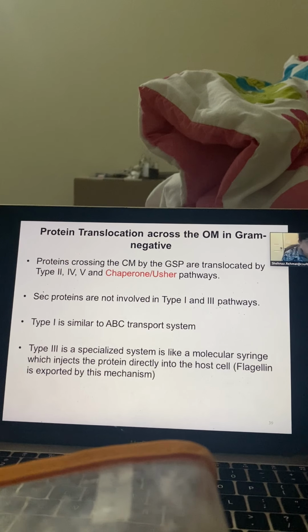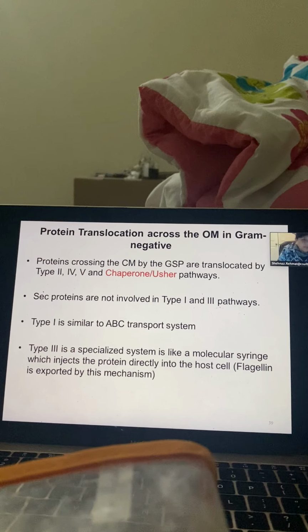So they will use type 2, 4, and 5, and also another pathway which will be called the chaperone-usher pathway. Sec proteins are not involved in type 1 and 3. So again, the delineation of which one matches with what. And as we go, we will give you examples of all of this.